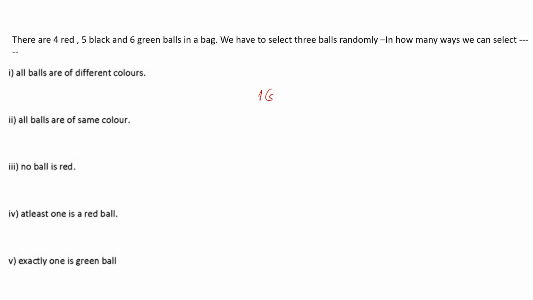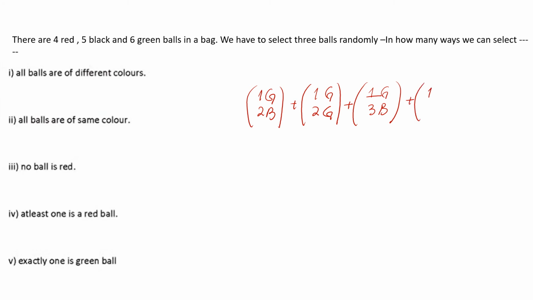So one green and two black could be possible, or one green and three black could be possible. So one green, two black. It may be possible one black and one green is possible. So these are the situations where they are saying exactly one is a green ball.